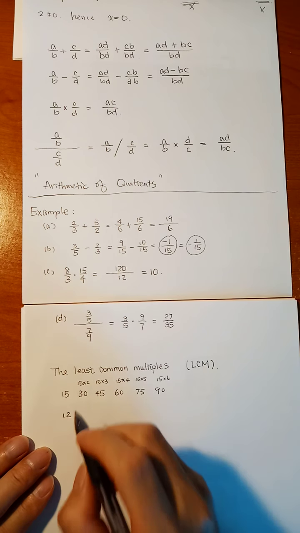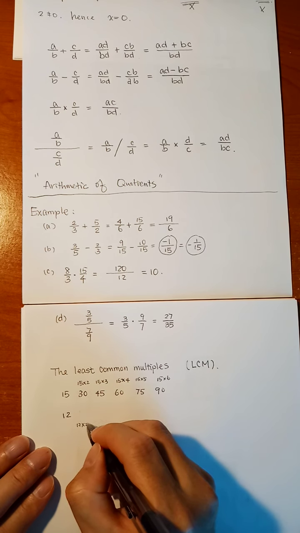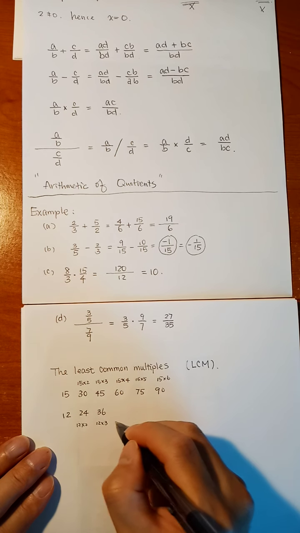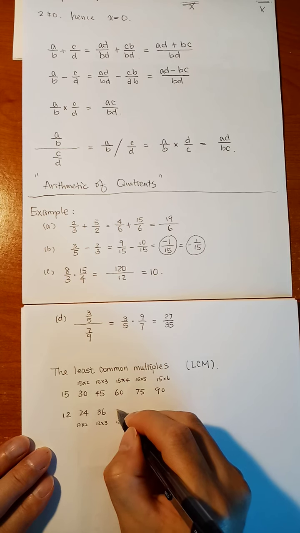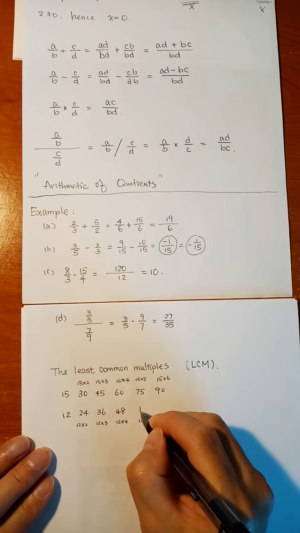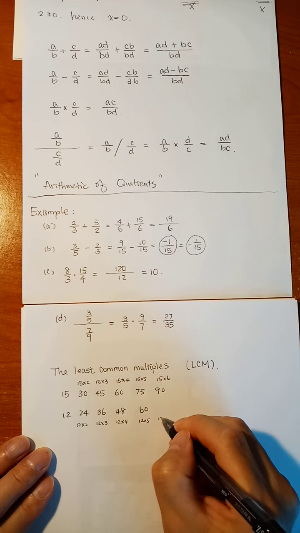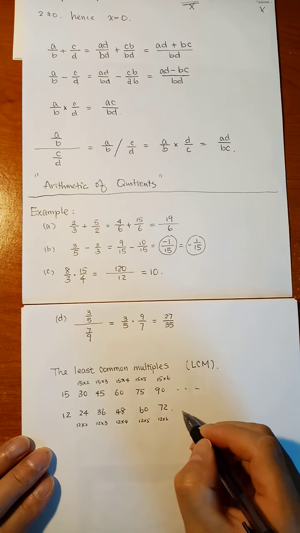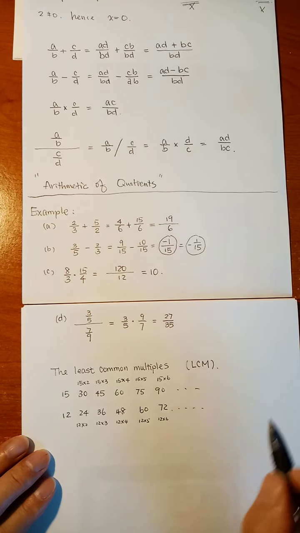On the other hand, if you multiply 12 by 2, you will get 24. 12 by 3, you will get 36. 12 by 4, you will get 48. 12 by 5, you will get 60. 12 by 6, you get 72. It's not ending, it's indefinite.